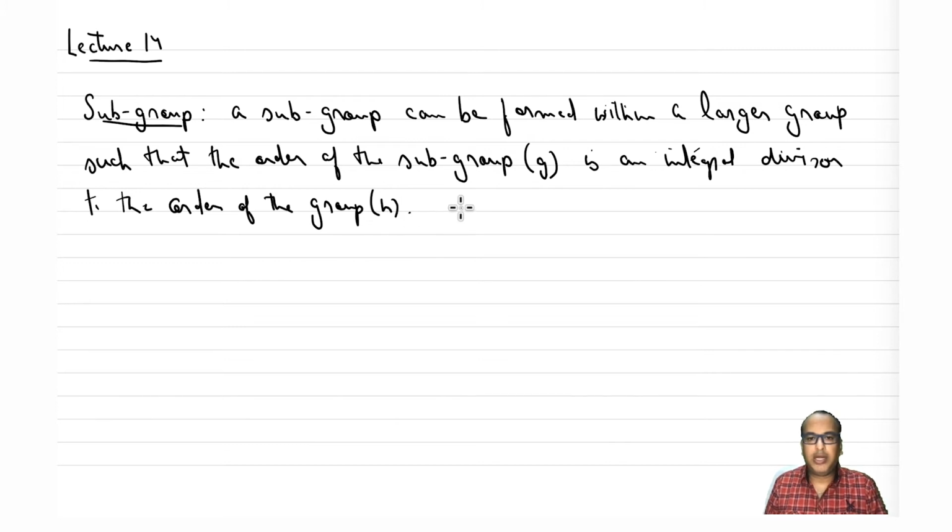In other words, if you take h by g, this should be equal to k, where k is an integer. So that should be very clear.